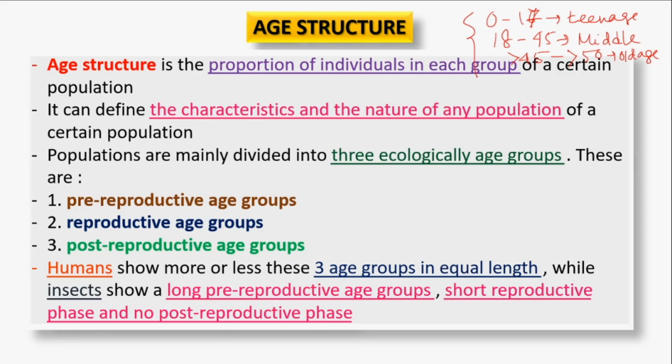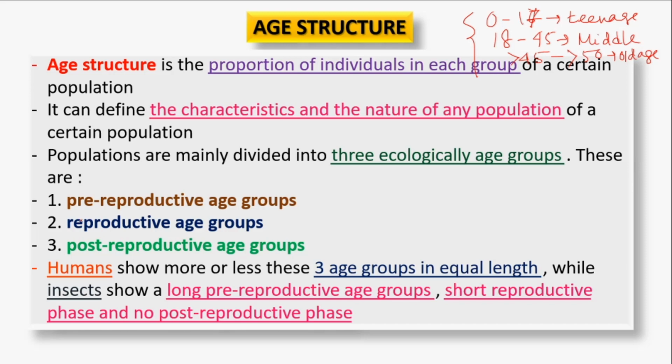In ecology we term these age groups as pre-reproductive age group, reproductive age group and post-reproductive age group. And the age groups can define the characteristics, properties and nature of any population at a certain time.